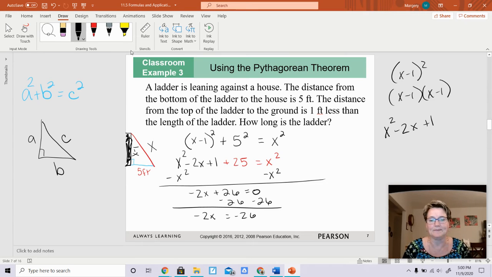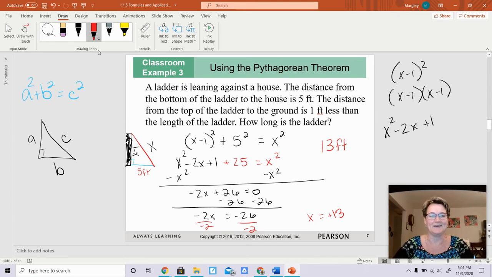And I'm going to divide by negative 2. I'm going to get x equals positive 13, because a negative divided by a negative is a positive. And of course, distance can't be negative. So the length of the ladder is 13 feet.